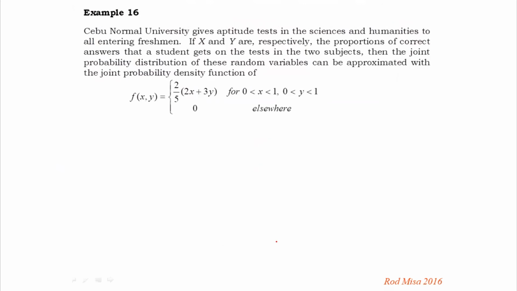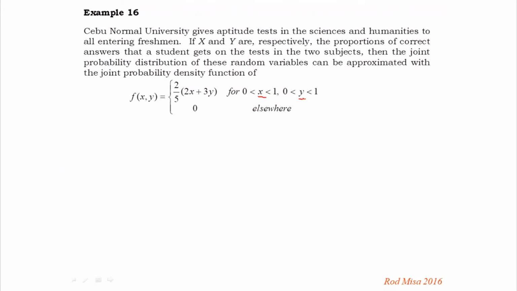The Cebu Normal University gives aptitude tests in the sciences and humanities to all entering freshmen. If the random variables x and y are respectively the proportion of correct answers that a student gets on the test in the two subjects, then the joint probability distribution of these random variables can be approximated with the joint probability density function of 2/5 times the quantity 2x plus 3y for all random variable x from 0 to 1 and all random variable y from 0 to 1 also.